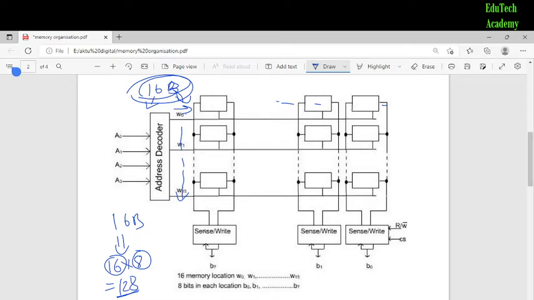To write data to or read data from the memory, there is a control pin named R/W bar. When we apply a 1 signal to this pin, a read operation is performed, and when we apply a 0 signal, W bar means 1, so the write operation is performed to the memory chip.